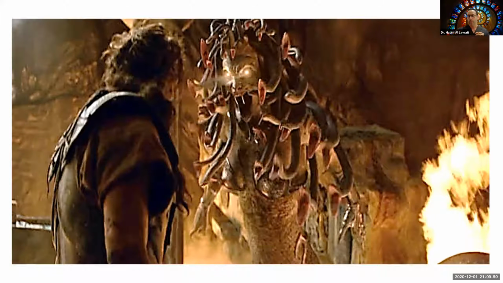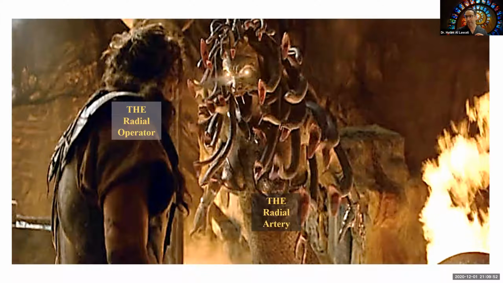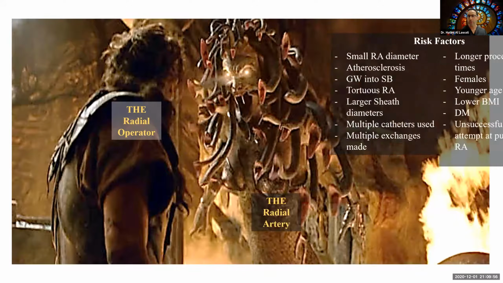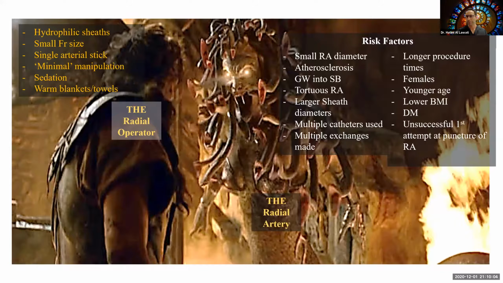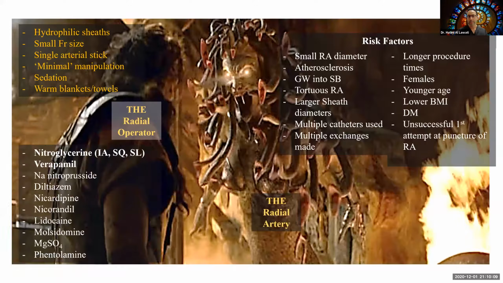So when the poor radial interventionalist is faced with a spastic, temperamental radial artery with all these predisposing factors, he has very little in terms of instruments or tools or weapons under his belt to try and overcome the problem, and a few choices of medications to try and tame a spastic radial artery, which can sometimes be harder than taming an angry Medusa.